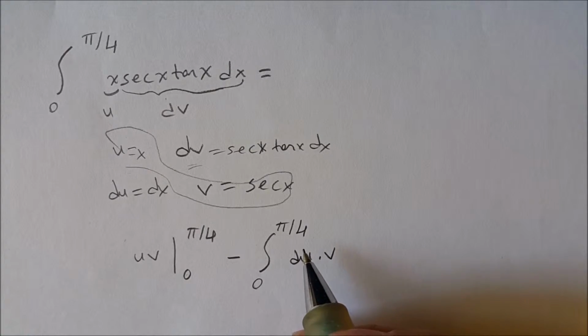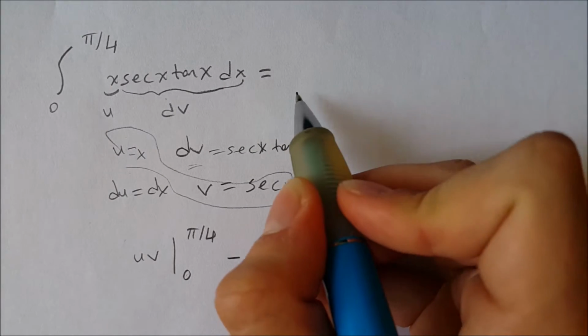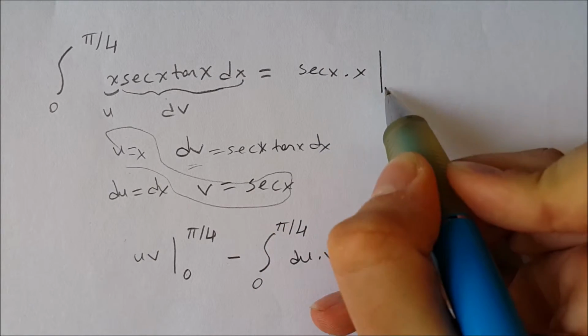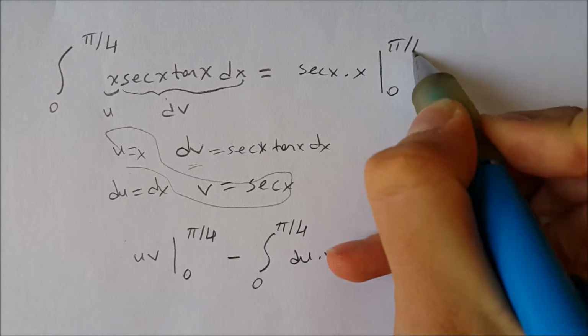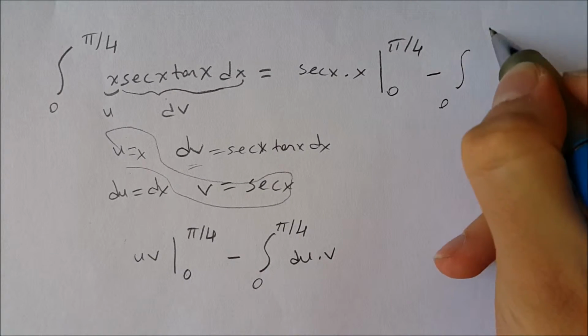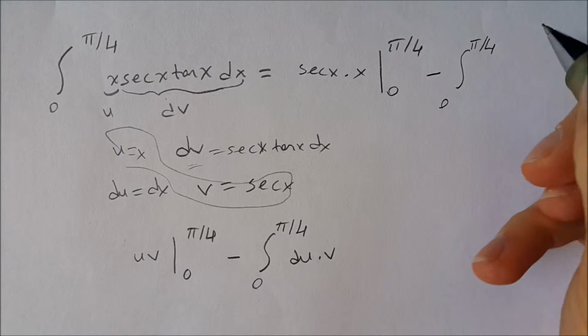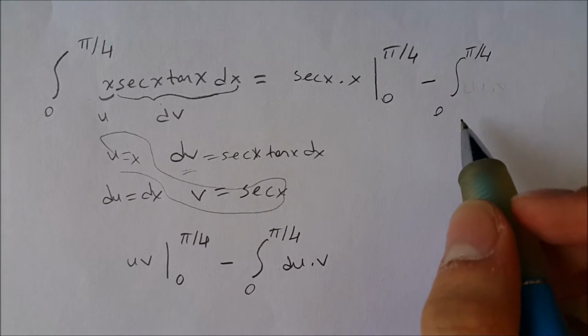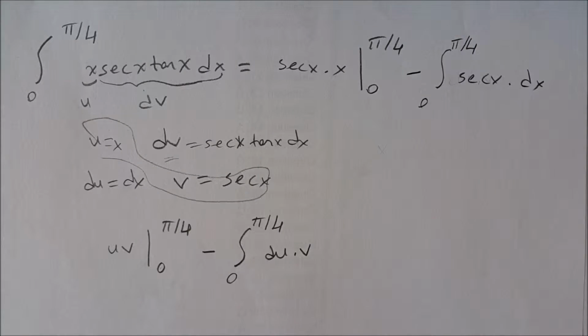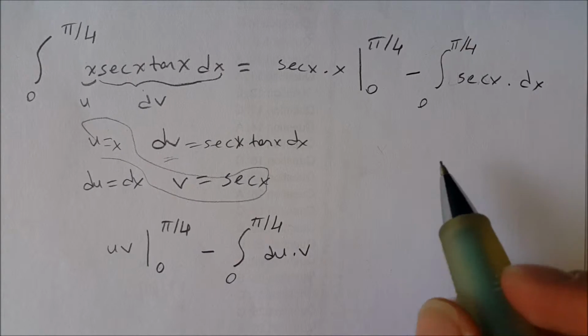So if you apply this to our equation, we would get secant x times x in the boundaries 0 to pi over 4 minus the integral from 0 to pi over 4 secant x times dx. So then you work this out.